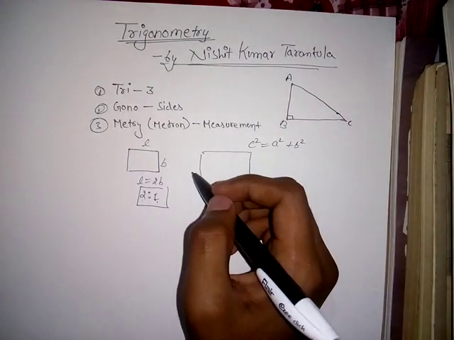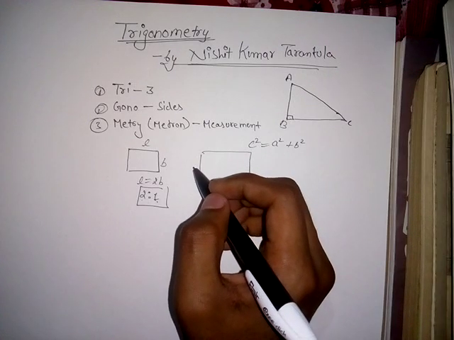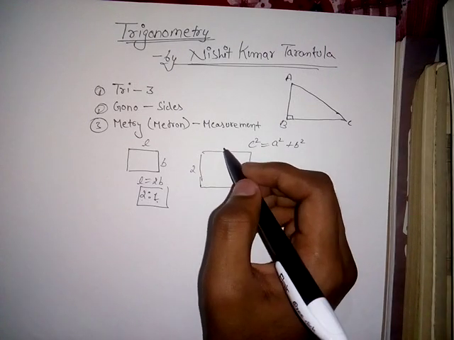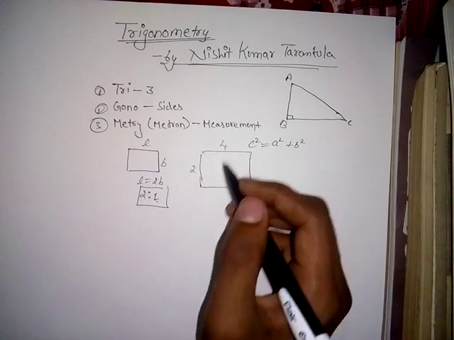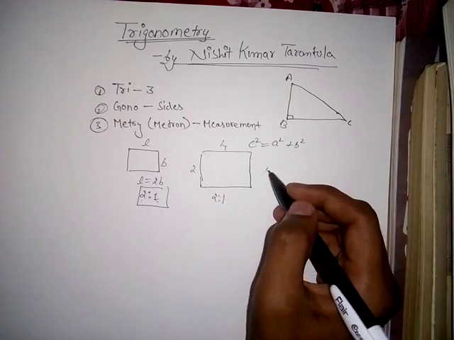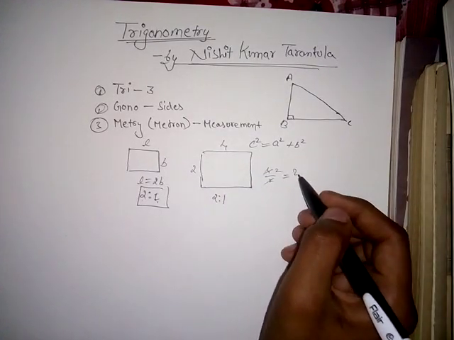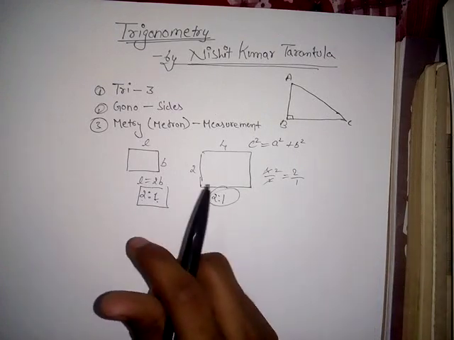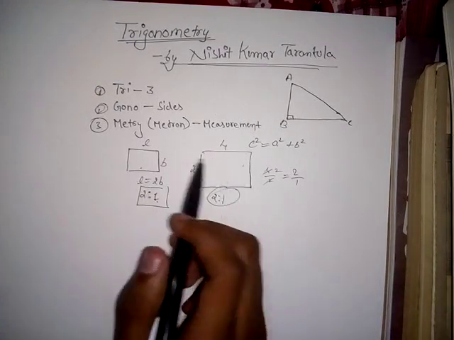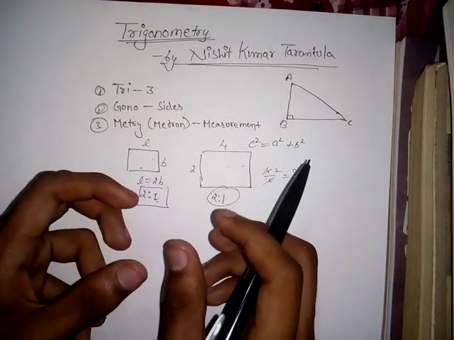Let's say the breadth is 2 units and the length is 4 units, it is still in the ratio 2:1, because 4 by 2 is 2 by 1, that's 2:1. So we can say that both the two rectangles are in the same ratio.